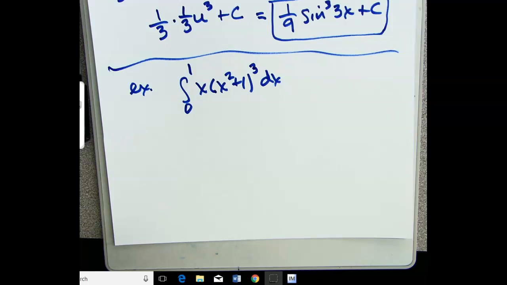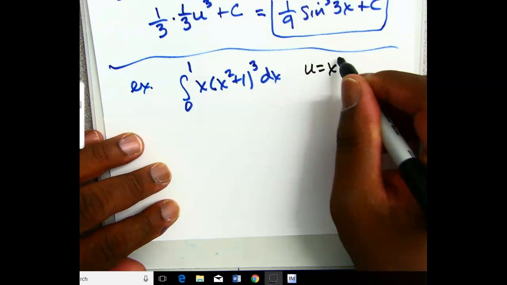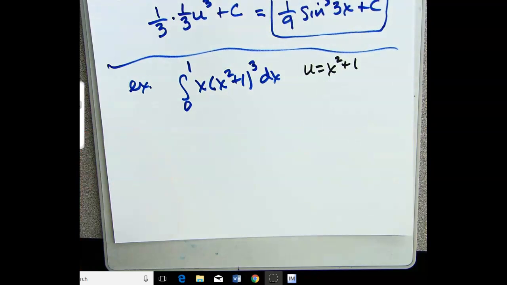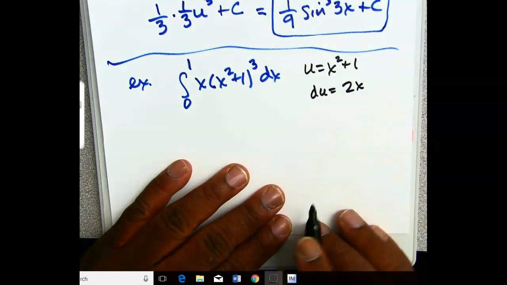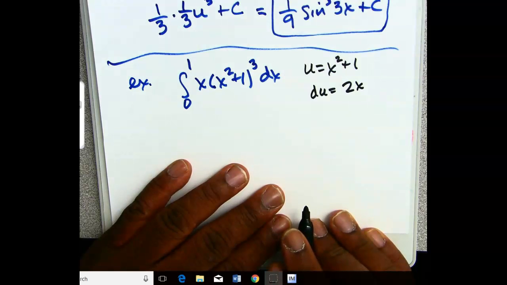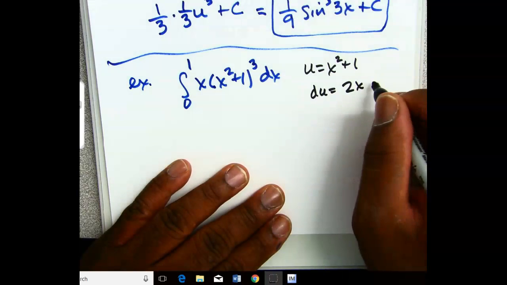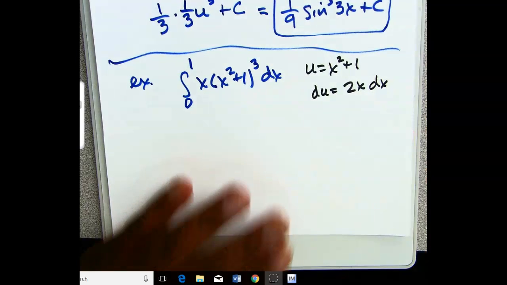Okay, so Dennis, where do we go? What's u? X squared plus 1. All right, now what? Du equals 2x dx. Okay, now what?